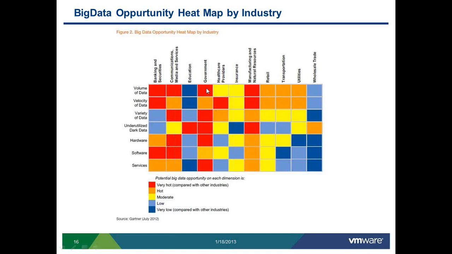And the government has more potential: you can see velocity, volume, variety of data, underutilized data, as well as hardware and services. So many industries are looking forward to the big data opportunity, and BI will play a very critical role in converting, or monetizing, the big data into meaningful insights.